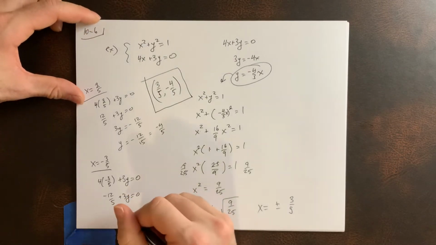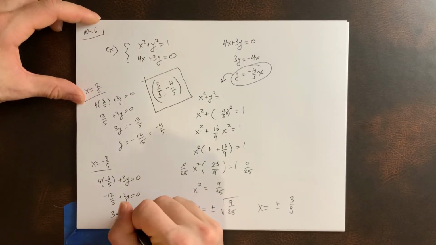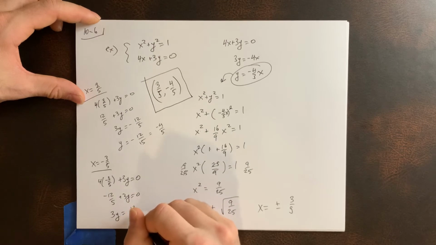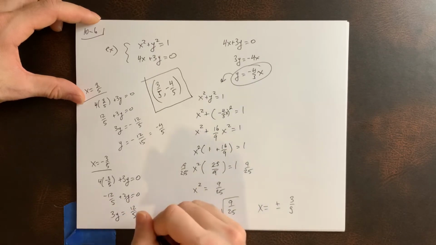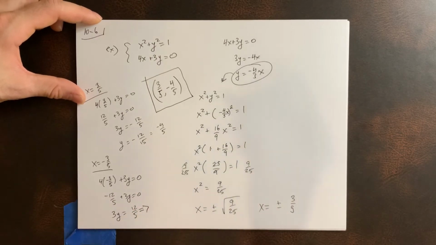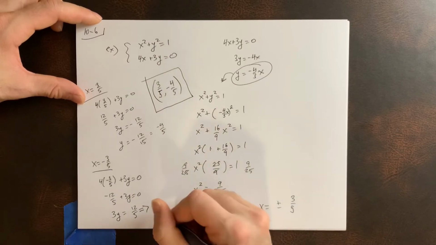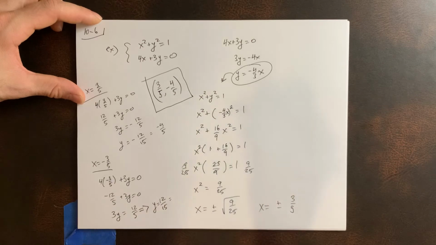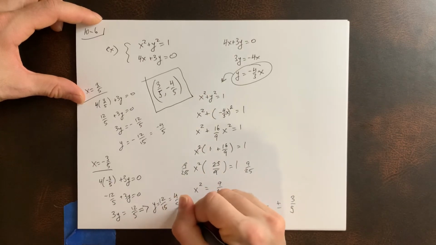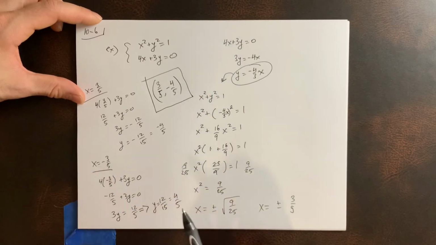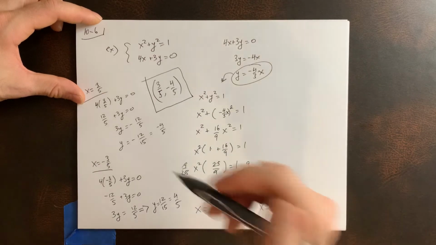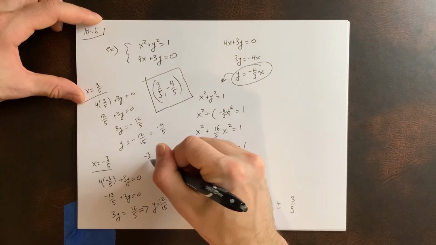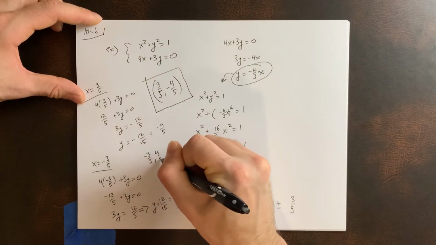Add that piece over, we get 3y is equal to 12 over 5. Then divide by the 3. Sorry, we're running out of room here. We get y is equal to 12 over 15, which equals 4 over 5. So when x is minus 3 over 5, y is 4 over 5. Then we get this other answer, minus 3 over 5, 4 over 5.